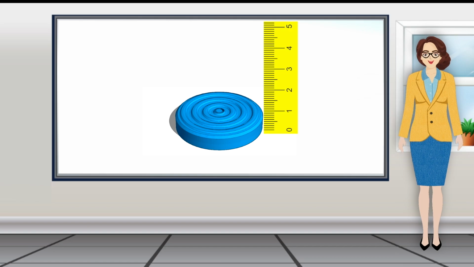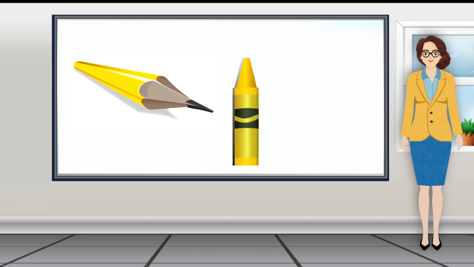On a scale, the units are measured in centimeters, and to measure the thickness of carom coins, we use the unit millimeters, which are smaller than centimeters. To measure very small things, such as the tip of a pencil, the thickness of a crayon tip, or an eraser, we use the smaller unit of millimeters.